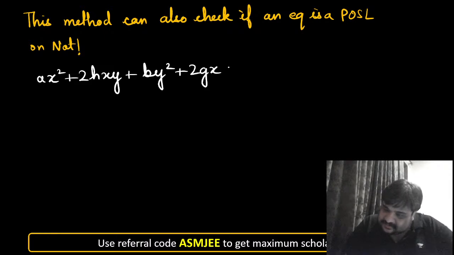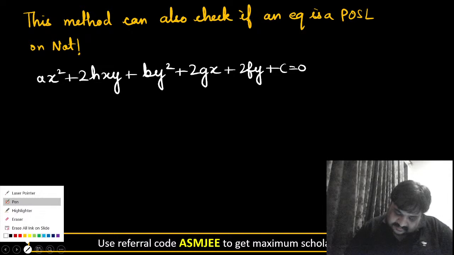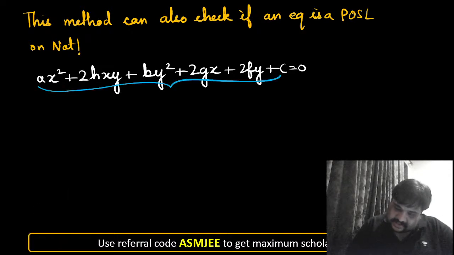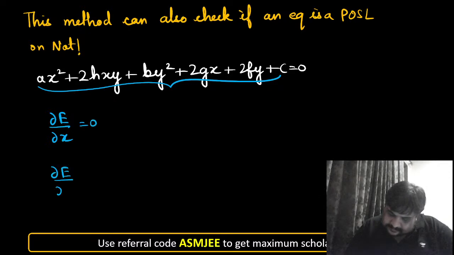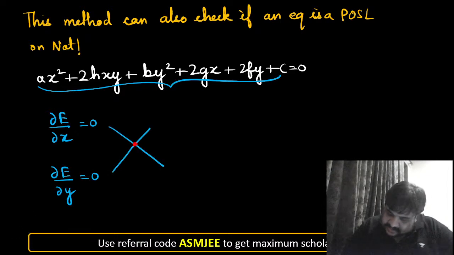Suppose this is a big pair and then you apply partial derivatives. Then you solve them, you get some answer.